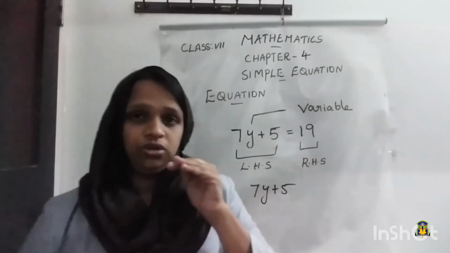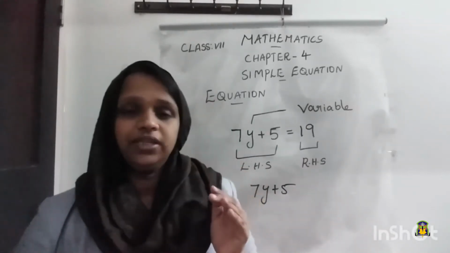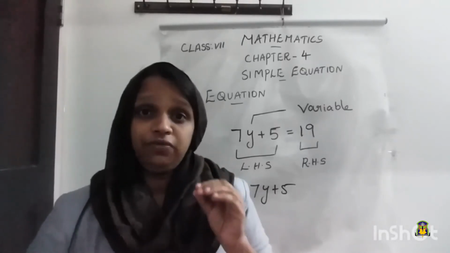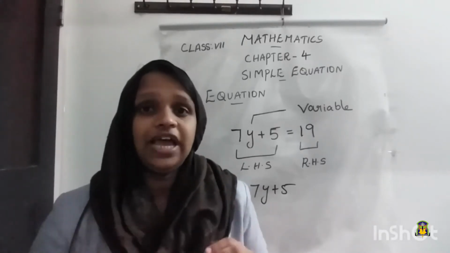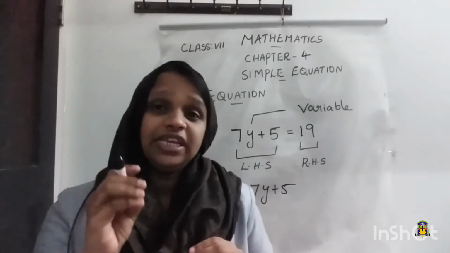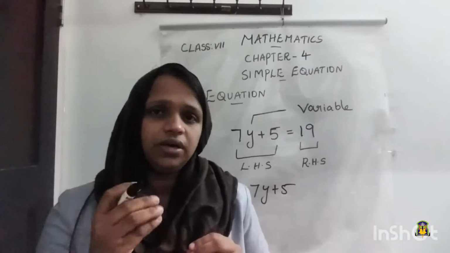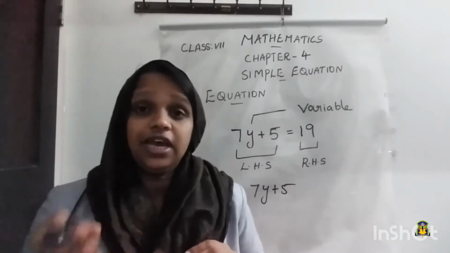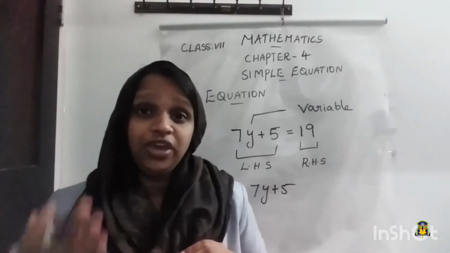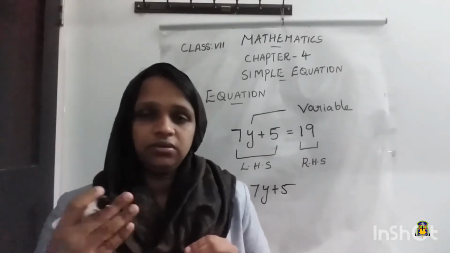You learned algebra last year, which means you learned about variables. A variable can take different values, that means it may vary. We denote the variable using alphabets A, B, C, D or X, Y, Z. Any alphabet we can use. Its value may change; it's not constant.